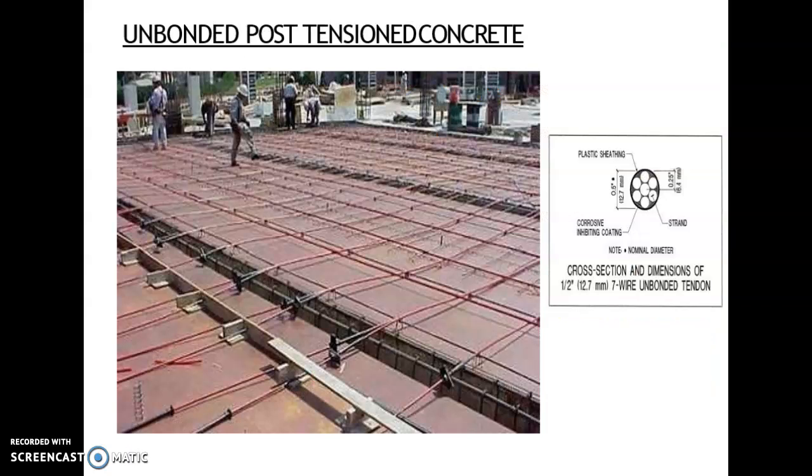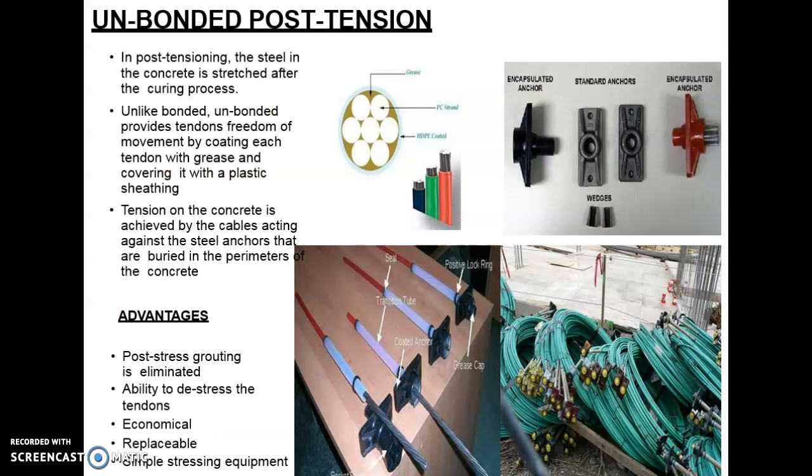Unbonded post-tensioned concrete. The image shows the unbonded tendon. The seven wire strands are surrounded with the corrosive coating. See the image. Unbonded post-tensioning. In post-tensioning, the steel in the concrete is stretched after the curing process.